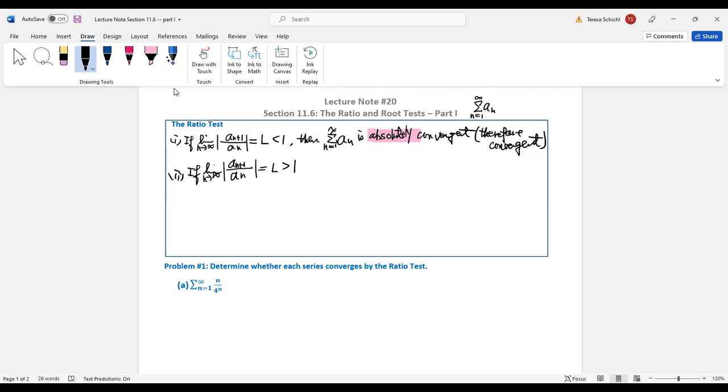Then the series is divergent, because the sequence gets bigger and bigger.